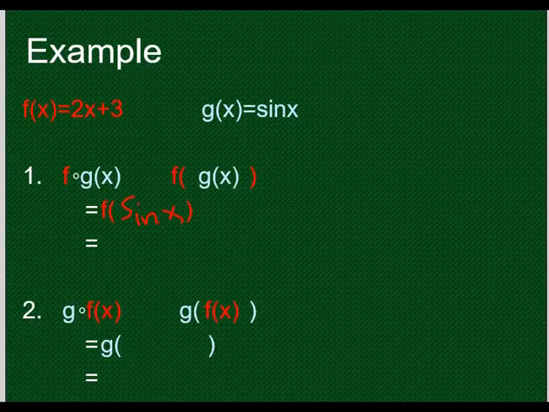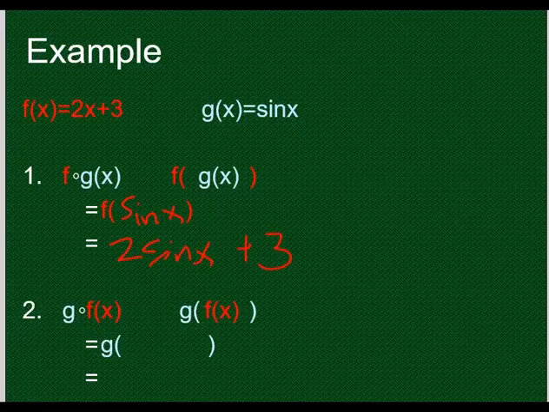F takes something, multiplies it by 2, then adds 3. In this case, it's going to be the sine of x. So it's going to be 2 times the sine of x, and then add 3. F composed with g of x is 2 sine of x plus 3.